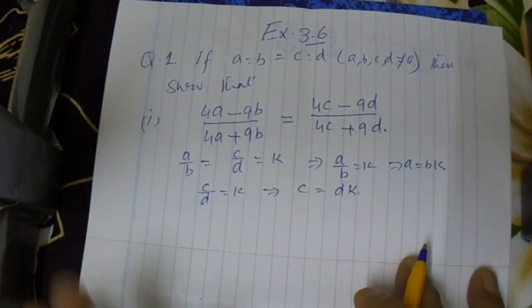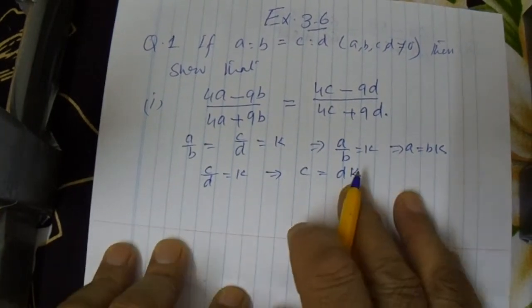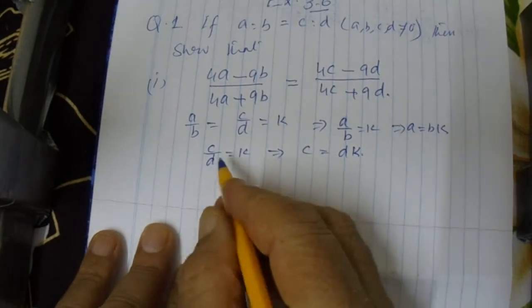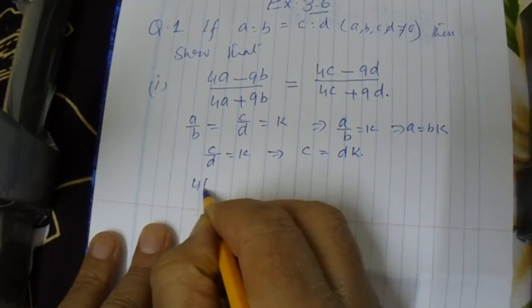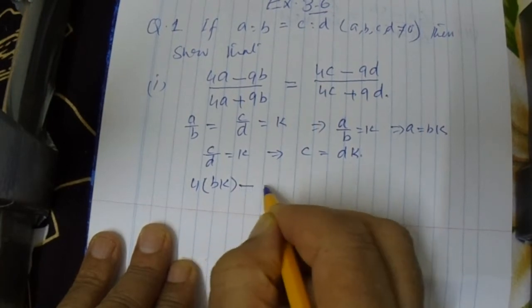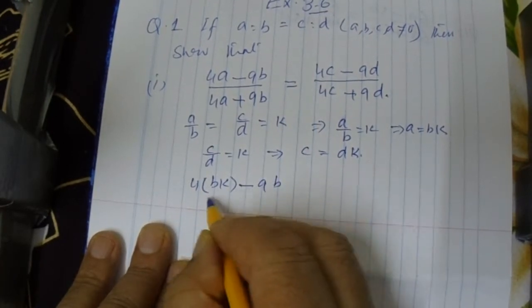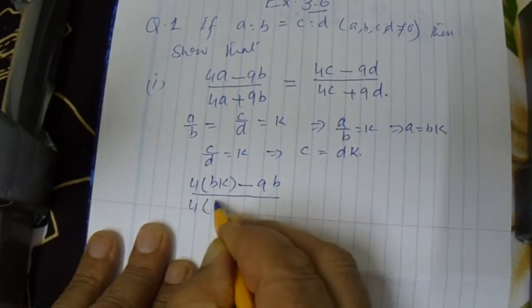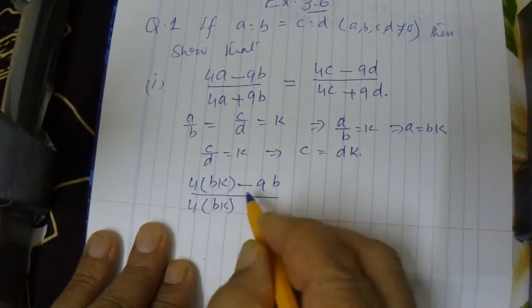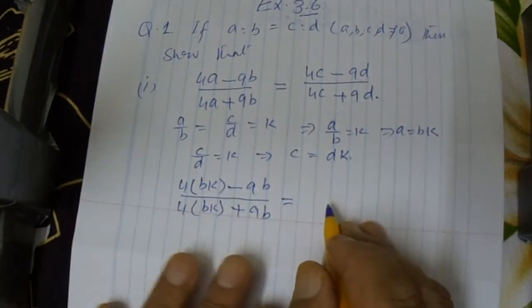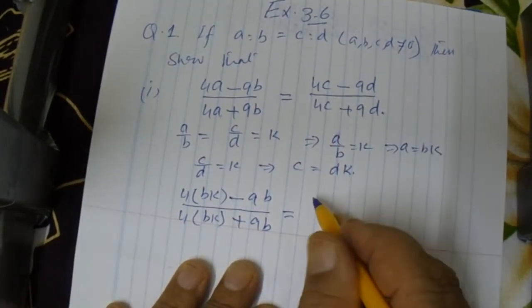Now put these A, C values in this. We get 4 into A, which is BK, minus 9B over 4 into BK plus 9B, is equal to 4C.